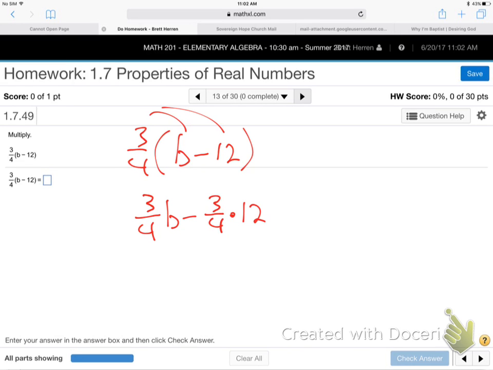Okay, so the trick is, how do we do the 3/4? The 3/4 just goes next to the b, goes next to 12.